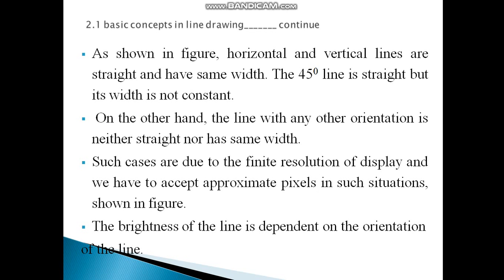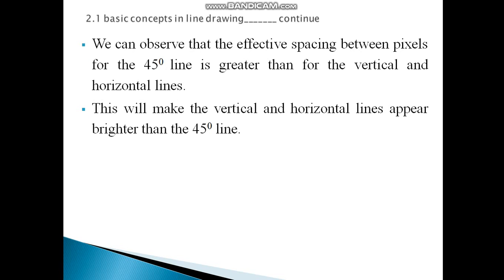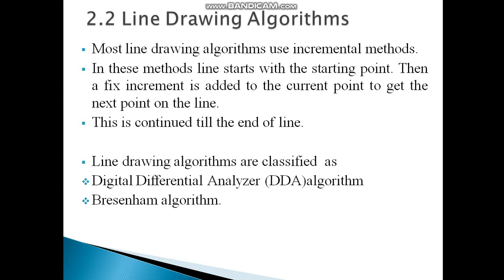Then the brightness of the line is dependent on the orientation of the line. We can observe that the effective spacing between pixels for the 45-degree line is greater than for the vertical and horizontal lines. This will make the vertical and horizontal lines appear brighter than the 45-degree line.